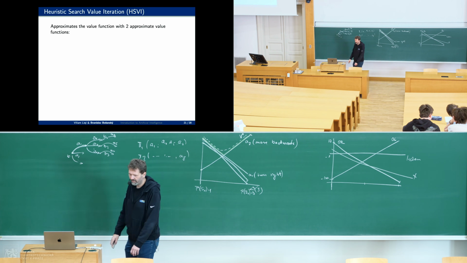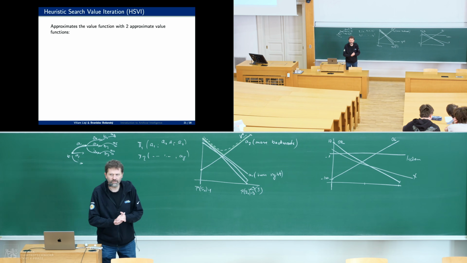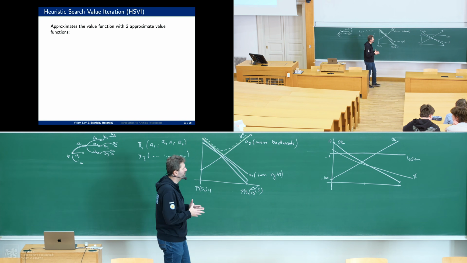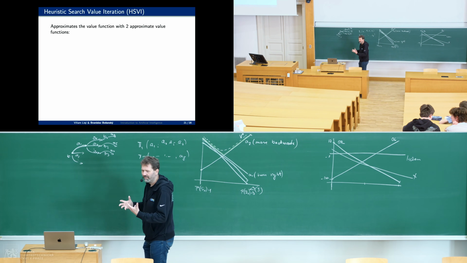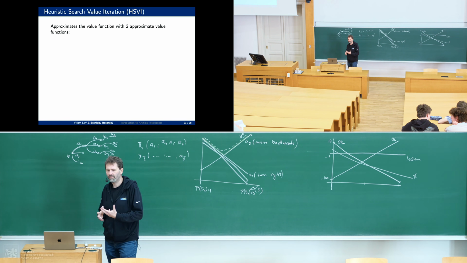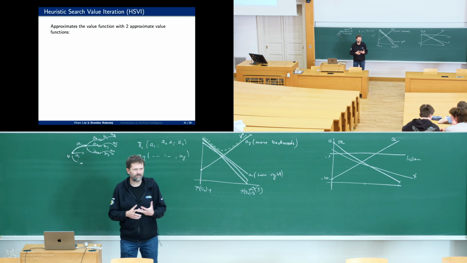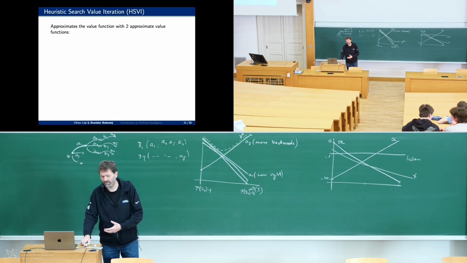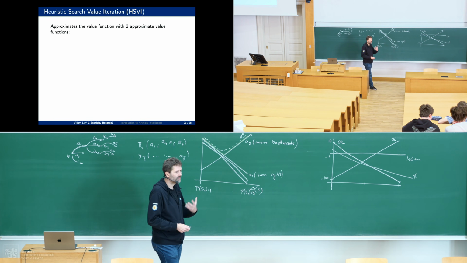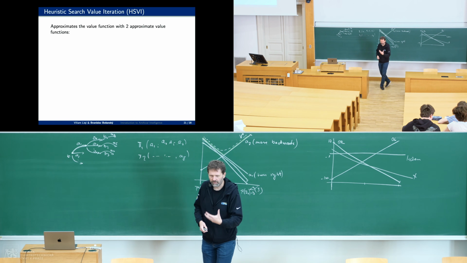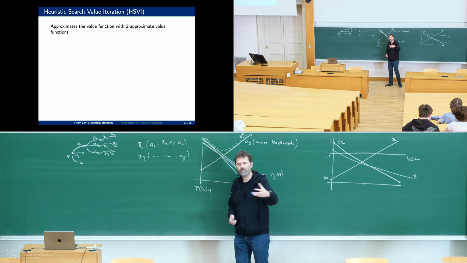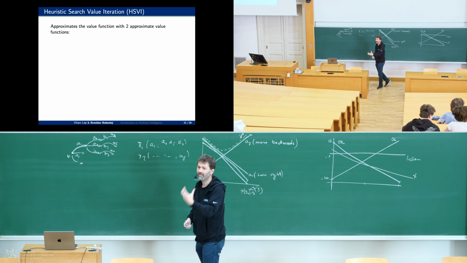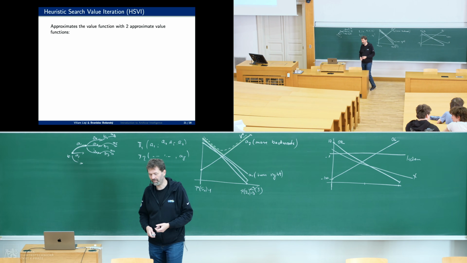Heuristic search value iteration is an algorithm that I really like, mainly because it's very similar to what we did for standard search in deterministic MDPs, and for other search that you can have in constraint optimization and so on. So it's a very good demonstration of how ideas from search can be applied in POMDPs and how they can help with solving POMDPs.